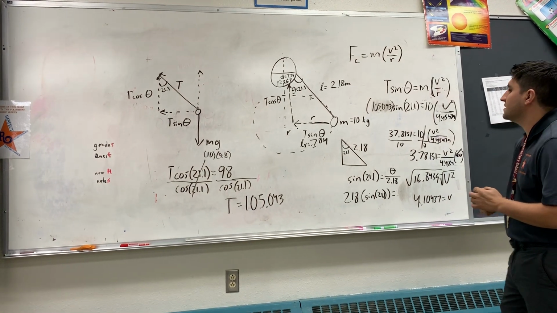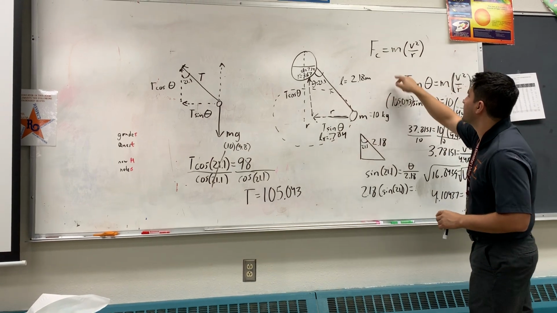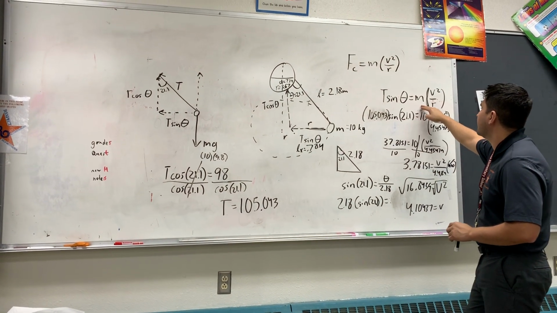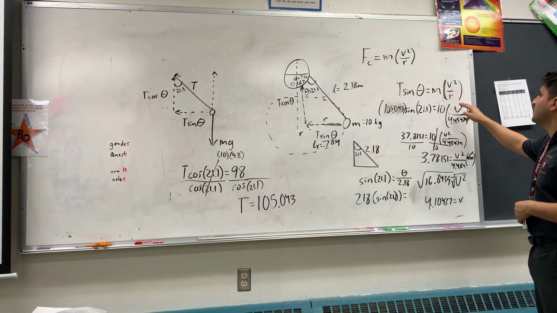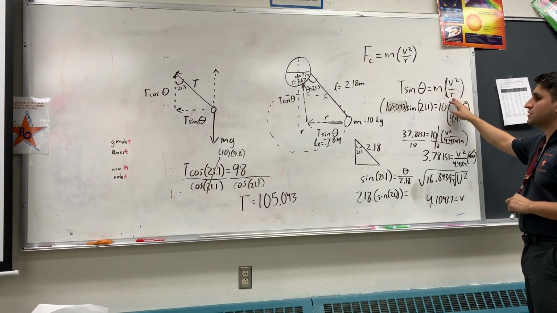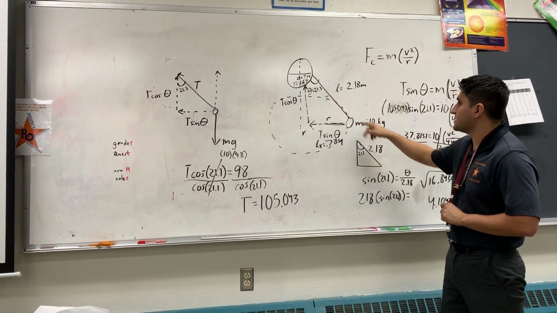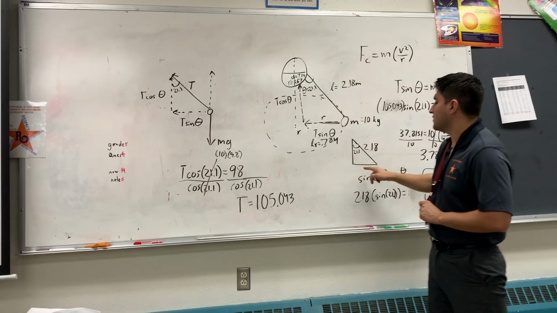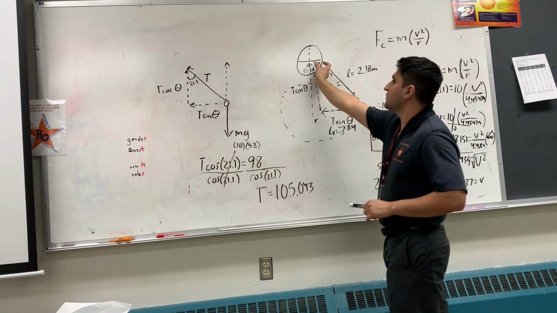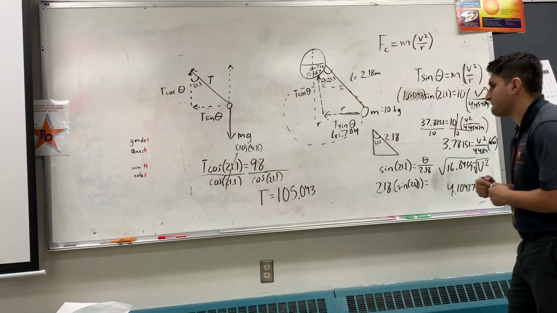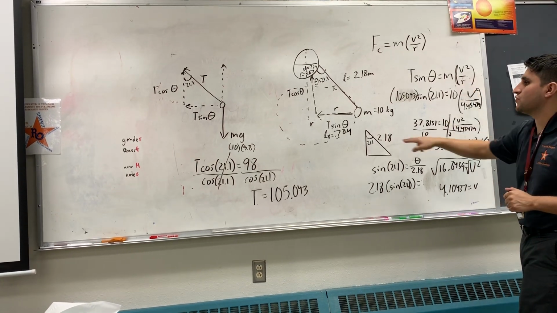So let's look at what we did. The big thing is this T sine of the angle towards the middle, that's your centripetal force. That's going to be equal to mv squared over r. Your radius is going to come from this triangle right here, which is the horizontal length plus that radius of the center. That's going to be the radius of the whole circle.